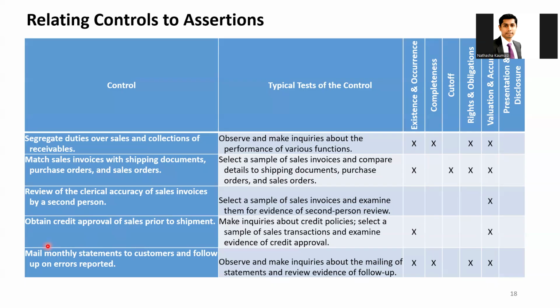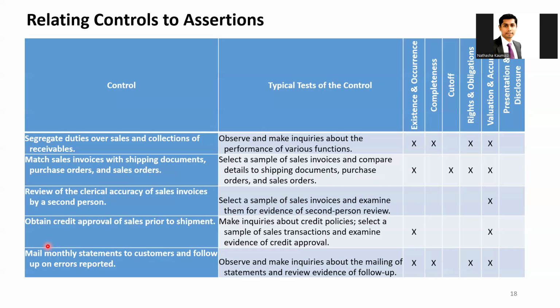And then obtain credit approval of sales prior to shipment. Basically, that is a control. Prior to the shipment, definitely you need to take the credit approval. What is the test of control? Make inquiries about the credit policies.